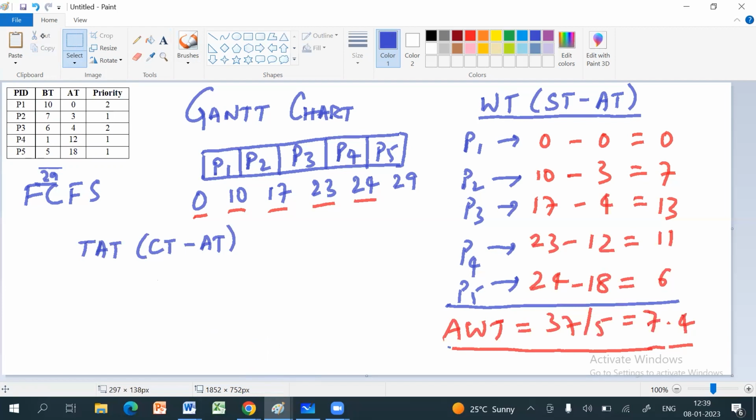So that's the formula for turnaround time.